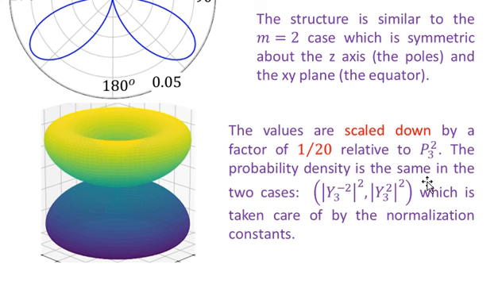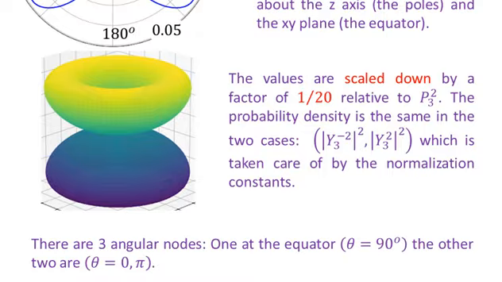The probability density is also the same, and the absolute square of Y3 minus 2 and the absolute square of Y32 will be the same, because this will be taken care of by the normalization constants. So the probability of finding the electron will be the same in the 2 cases, that is for the P3 plus 2 case and for the P3 minus 2 case.